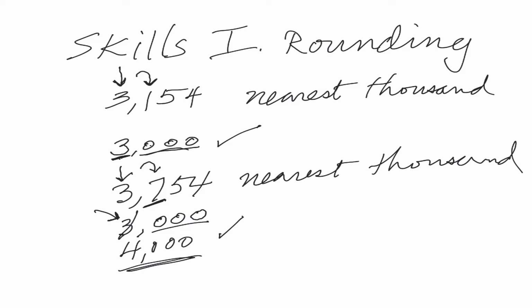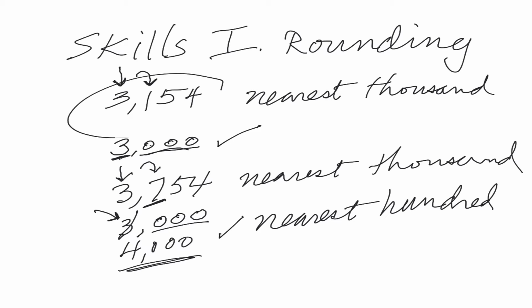Okay? So the idea is go to the number that you're rounding off to. So for example, if you want to go to the nearest 100 for the same number, then what is the 100th number in this case? Is the 1.